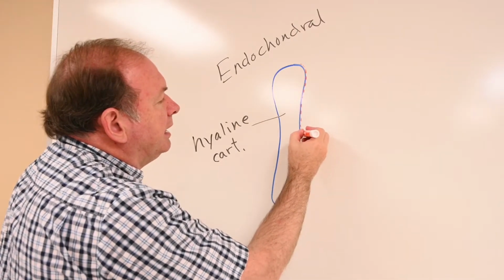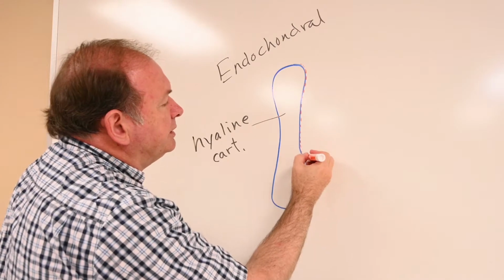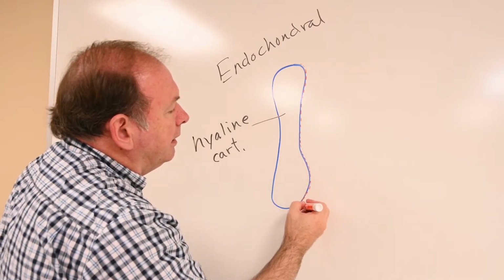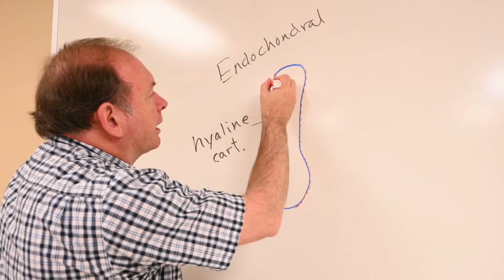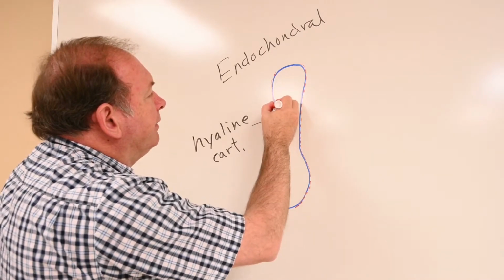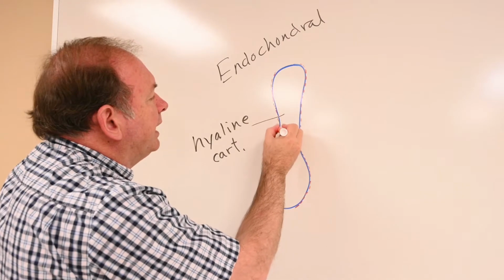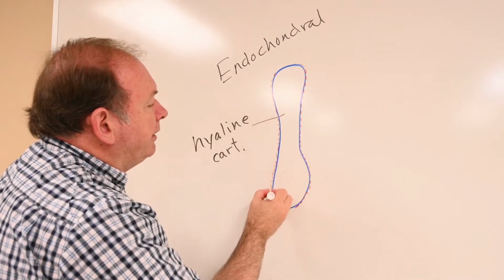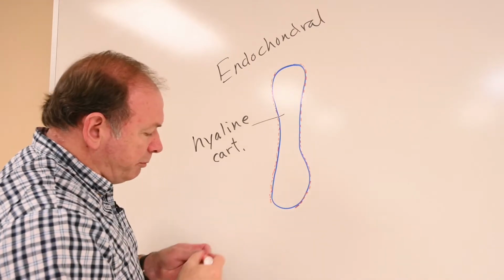Just going to make a dotted line right now to represent a thin layer of dense connective tissue that forms on the outside of the hyaline cartilage. And we refer to that as a perichondrium.